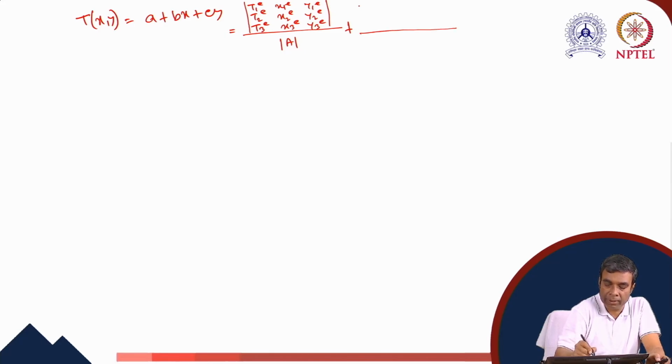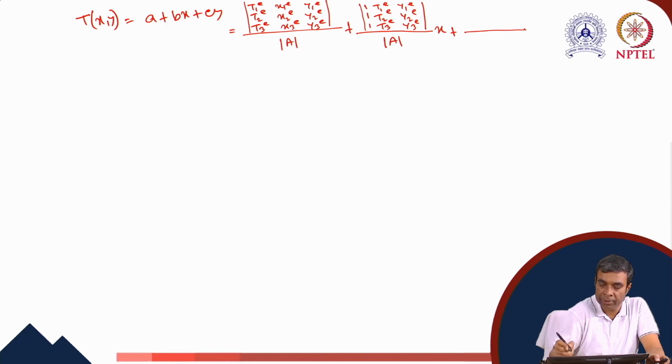So B was [1, 1, 1; T1e, T2e, T3e; y1e, y2e, y3e] divided by determinant of A into x, plus Cy.